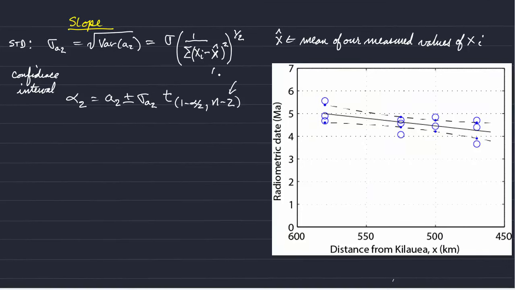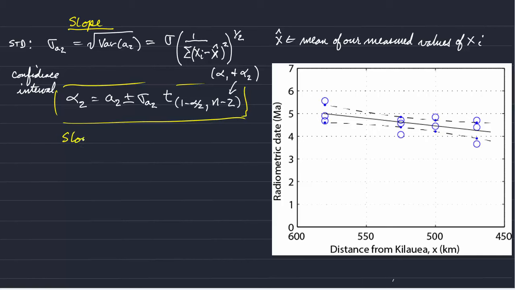And we subtract 2 because we're estimating alpha 1 and alpha 2 in our regression. Okay, so that's the solution for the confidence interval on our slope.